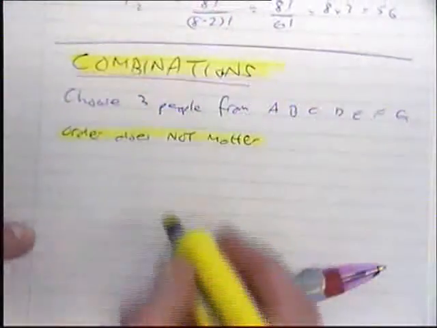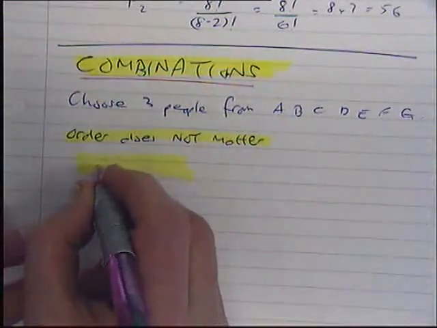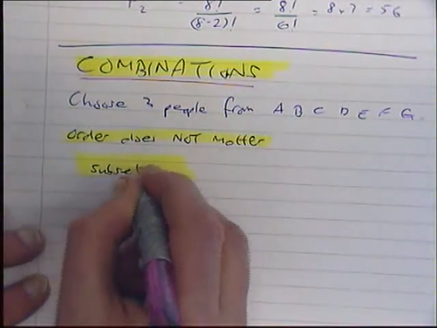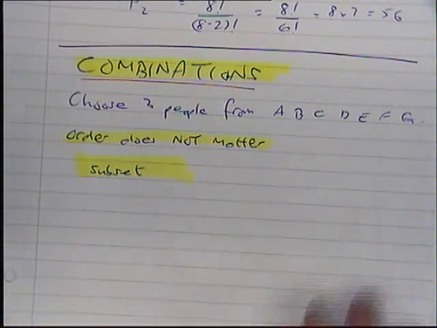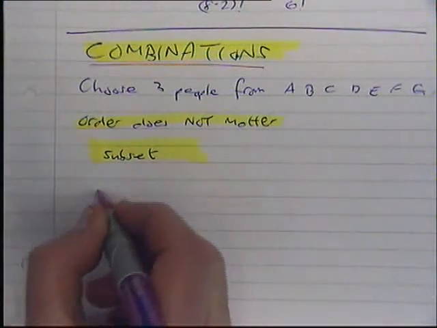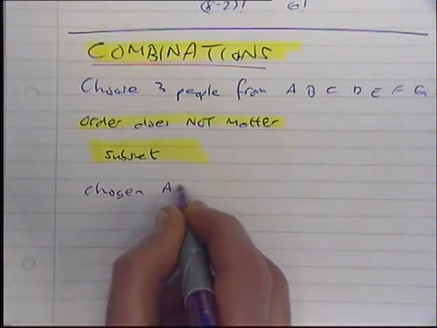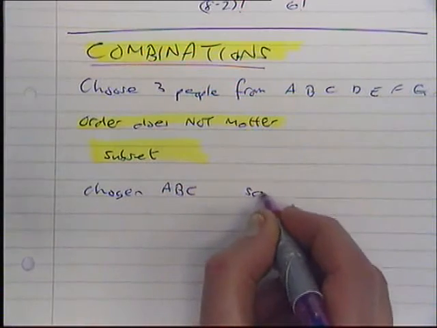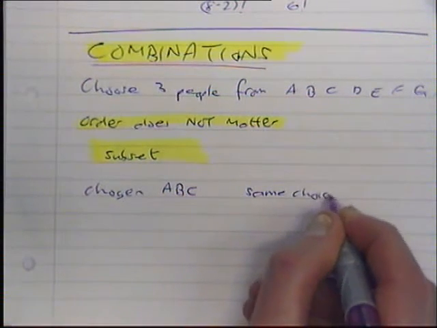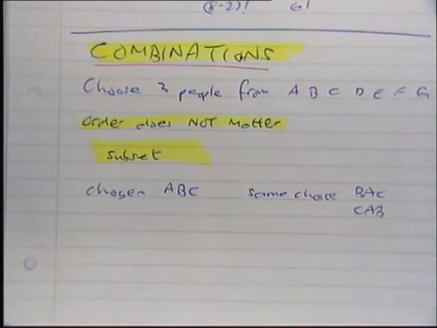And again, we are going for a subset of the people. So when you are choosing a subset of the people and the order does not matter, it's combination. So for example, if we had chosen A, B, C, then we would consider that exactly the same choice as BAC, CAB, and others.